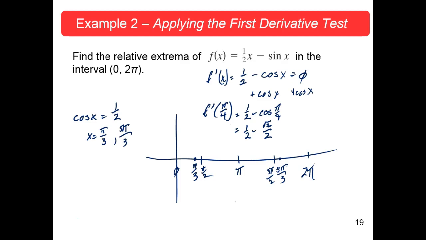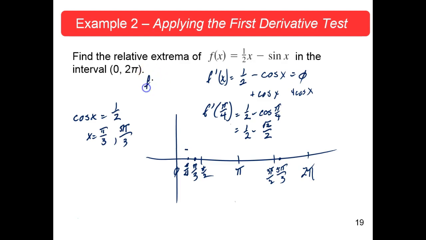So this is larger. With the minus sign, this is negative. So here, at pi fourths, your first derivative is negative. Now pick a value to the right of pi thirds. Pi over 2 looks like a pretty good one.